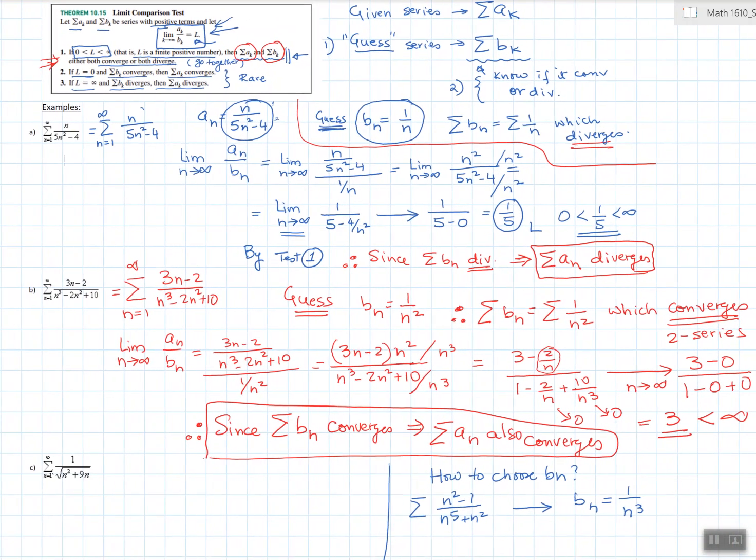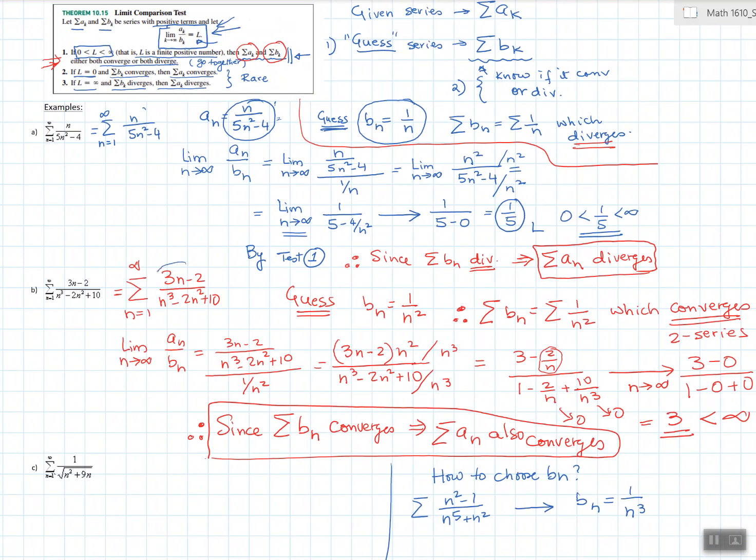Let's go to the next one. So here I had this, so the power of the numerator was 1, the power of the denominator was 3. So if it is 1 here and 3 here, the net power is 2. So that's why I guessed Bn would be 1 over n squared.